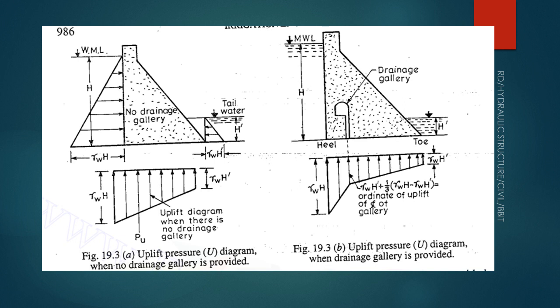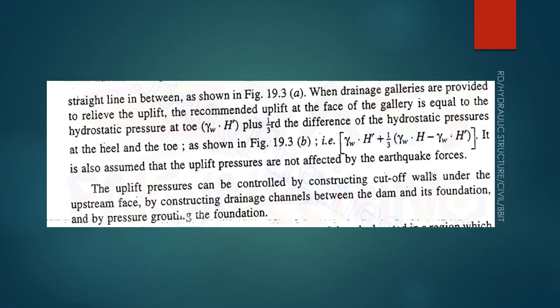So that length minus that length will give me this height. In a similar way, if you subtract gamma W H and gamma W H dash, you would get this length, right? Similarly, we will get this length. So this length divided by 3, this part has only been described in this theoretical slide.